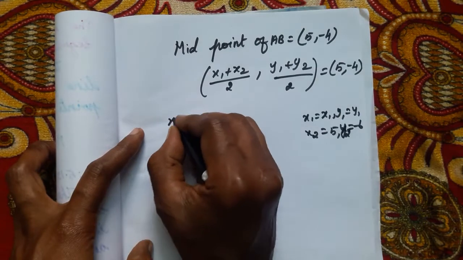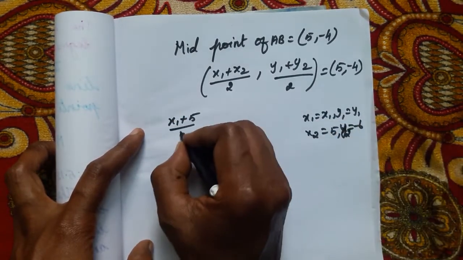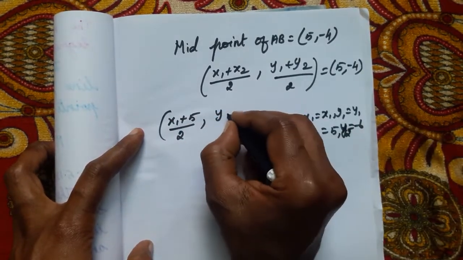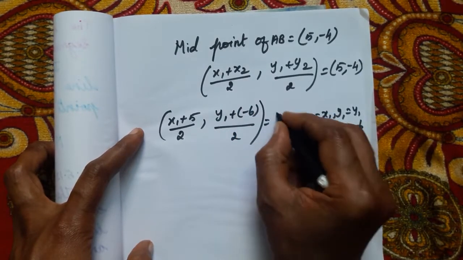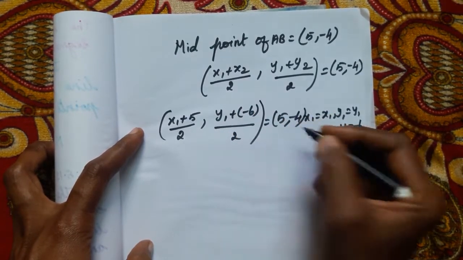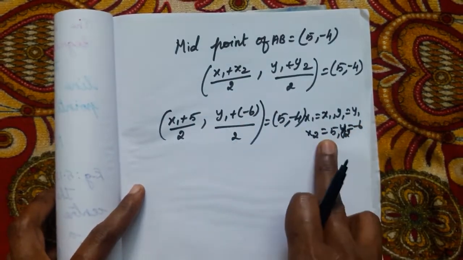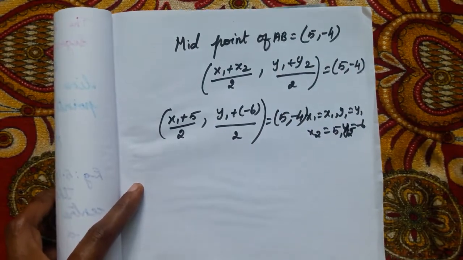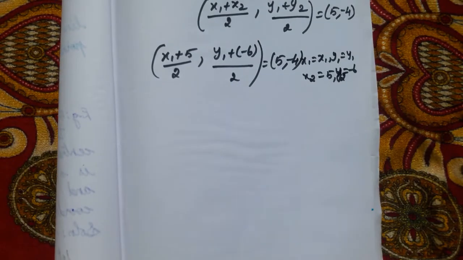So we can take ((x1 plus 5) by 2, (y1 plus minus 6) by 2) is equal to (3, minus 4). Clear? Any doubt in here?